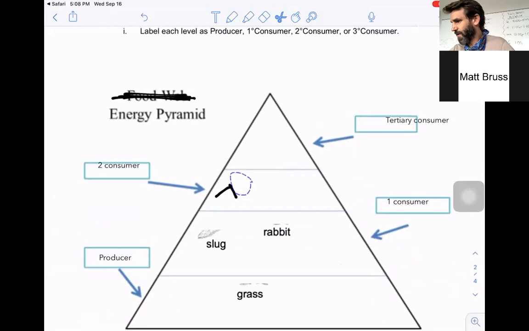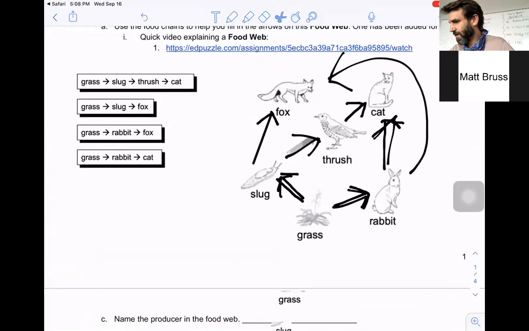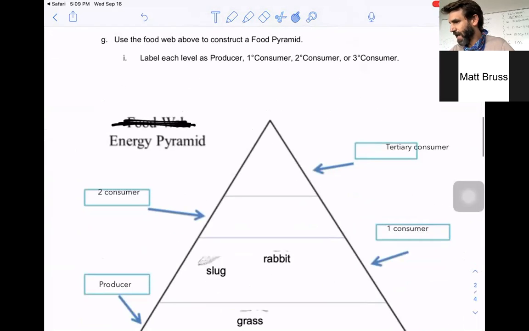Oh, that's fun. I don't know why it's doing that. Let's try that again. Let's try to get our fox in here. Oops. Okay. If I can do this, copy, and let's see if we can get a fox put in as our secondary consumer here.